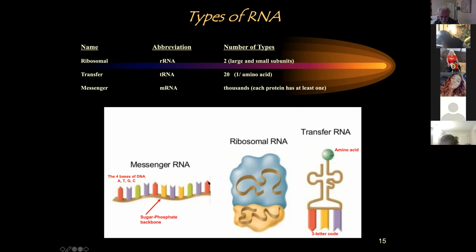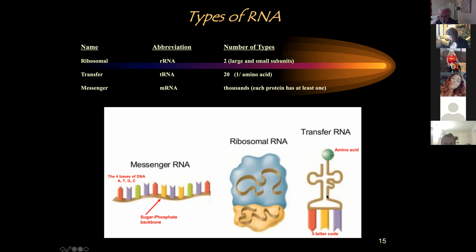And down at the bottom here, you see the 3 illustrated. On the right is a transfer RNA, tRNA, and you can see it has a very peculiar shape, but at one end, it has a 3-letter code. It's called a codon, 3 bases.